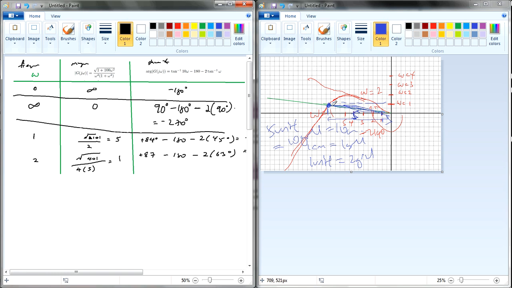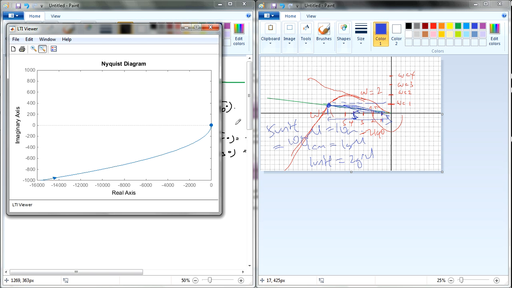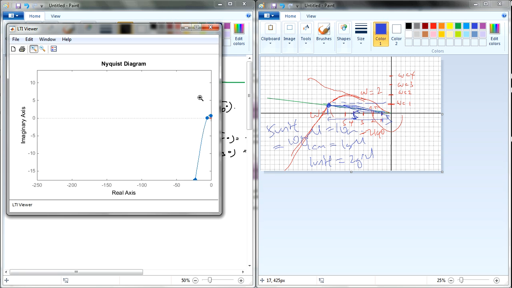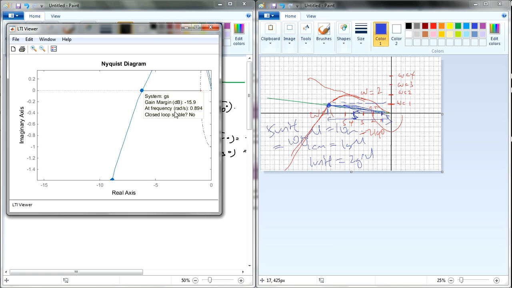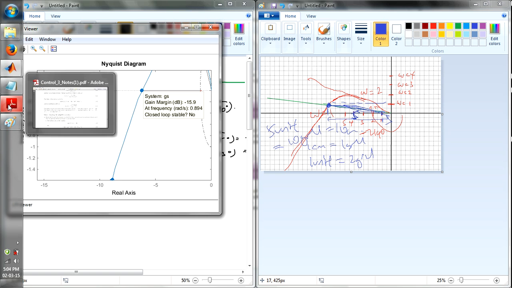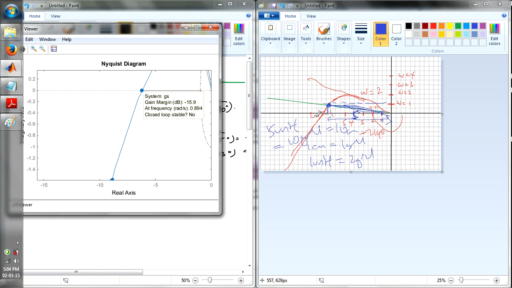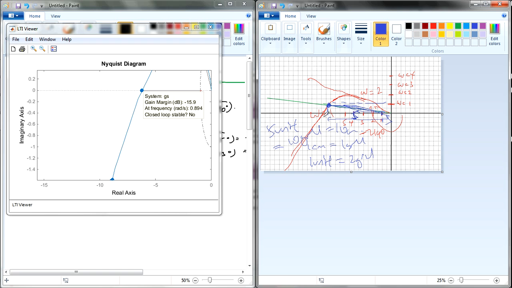And therefore, in order to determine the stability of the system, this is why we need what we're going to do next. We actually need to determine the point that crosses the real axis, that touches the real axis.